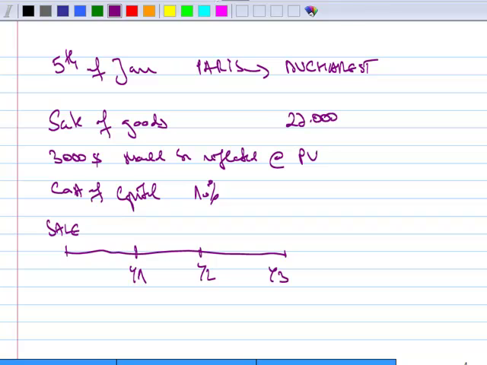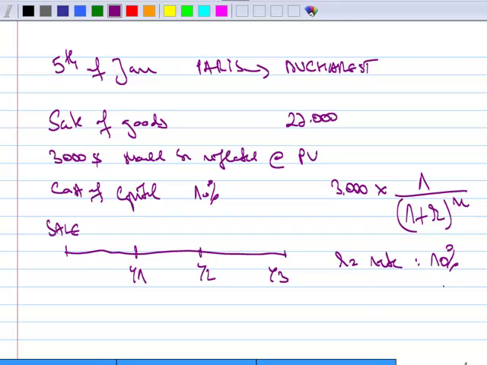So what I have to reflect now is the 3,000 at its present value, which means I just have to divide by 1 plus the rate to the power of n, where R is the rate, my cost of capital, 10% in my example, and n is the number of years or periods, which in my example is 3 years.